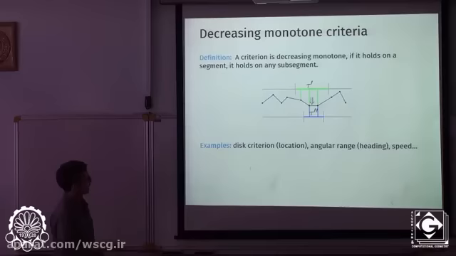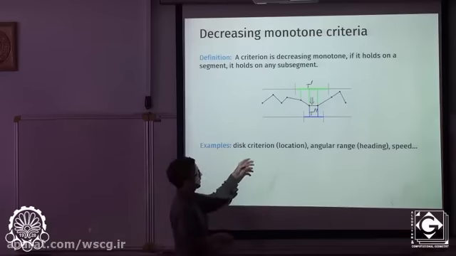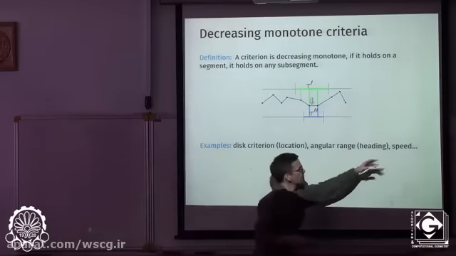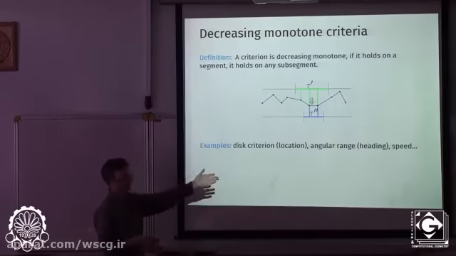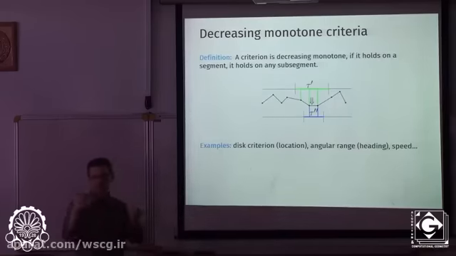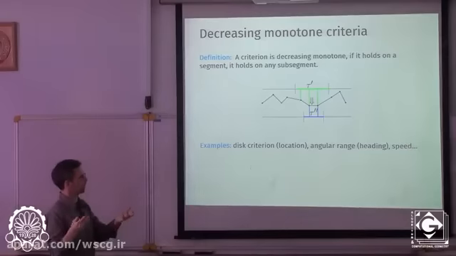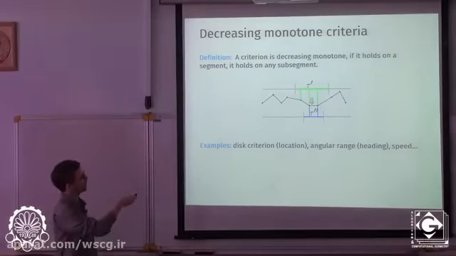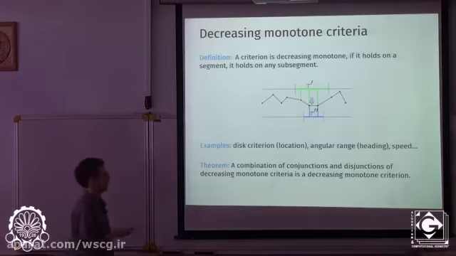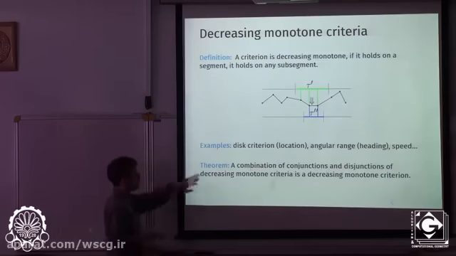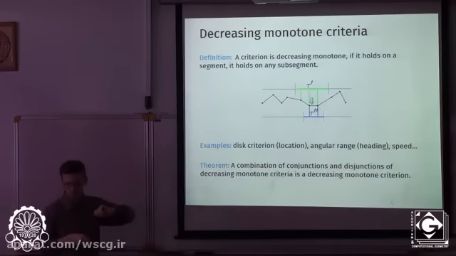And also if I start combining these criteria, so if I say the speed should be somehow bounded and it should stay in a disk, or the other examples that we already saw, direction and speed should be bounded together, also these combinations always have the property that if it's true on a long one, it will be true on a shorter one. So conjunctions and disjunctions of these decreasing monotone criteria are again decreasing monotone.